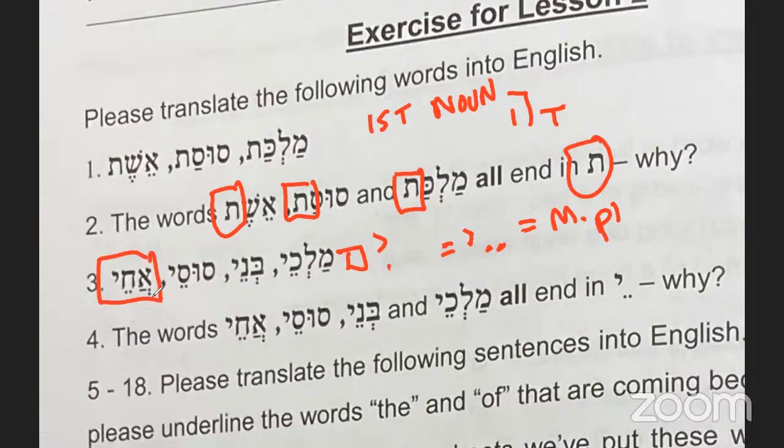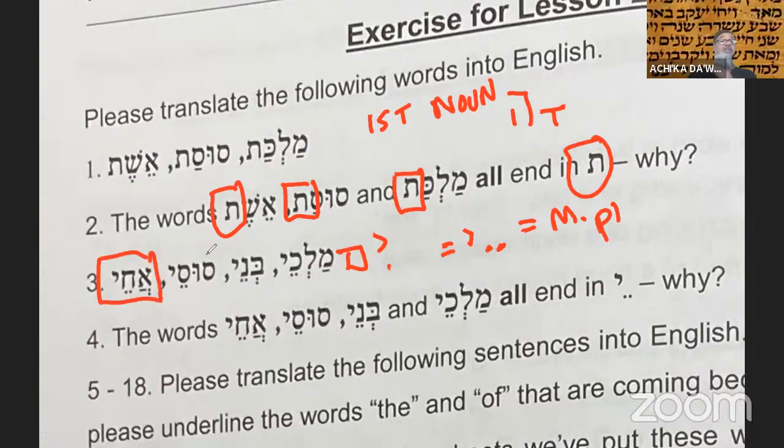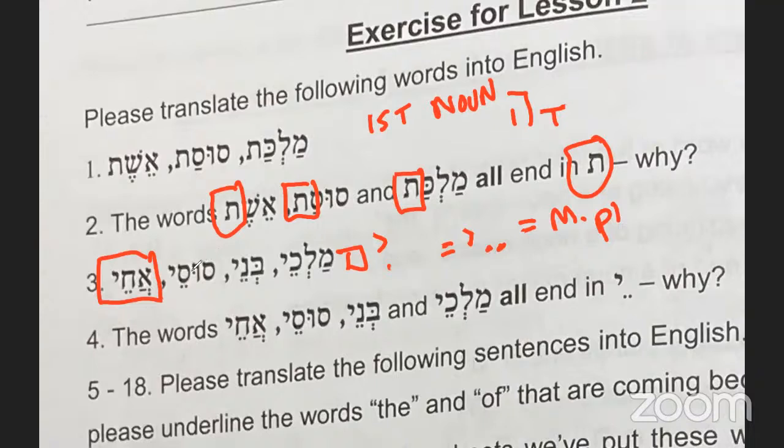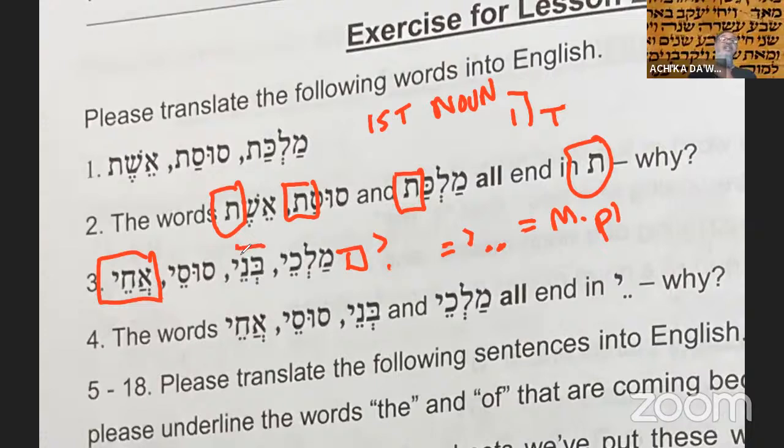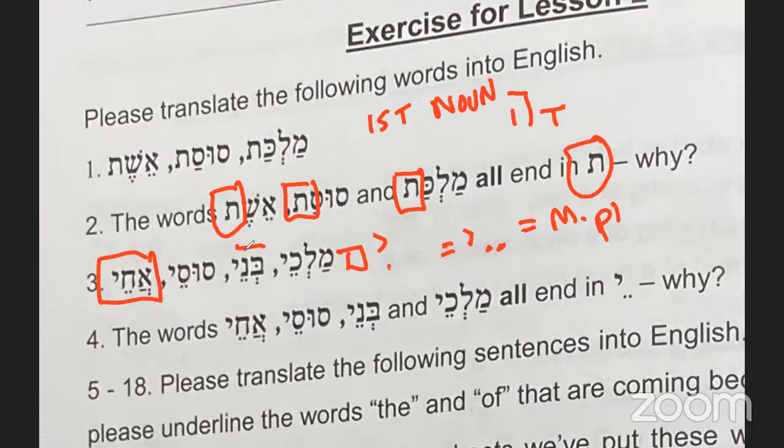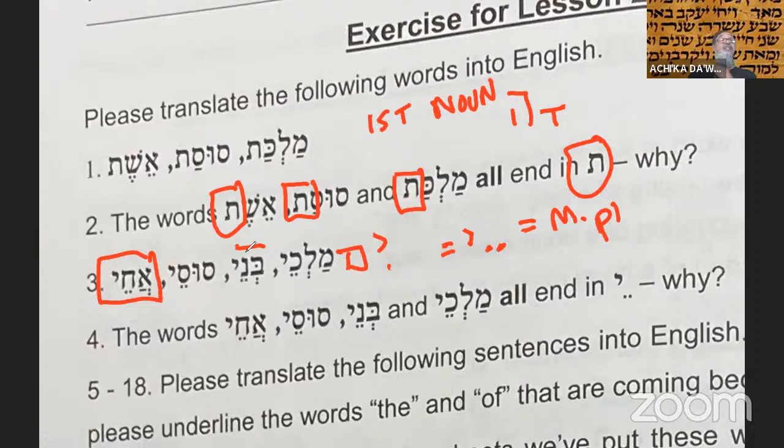That's the brothers. A Sus is a horse, so what's Susay? Horses. Bain is a son, but B'nai is what? Sons. Melech is a king, so what's Malke? Kings.